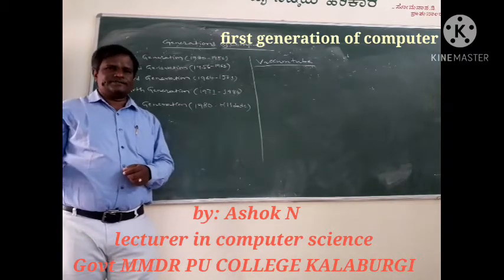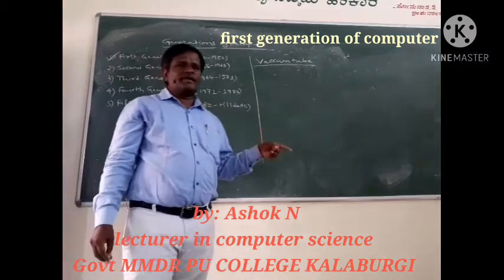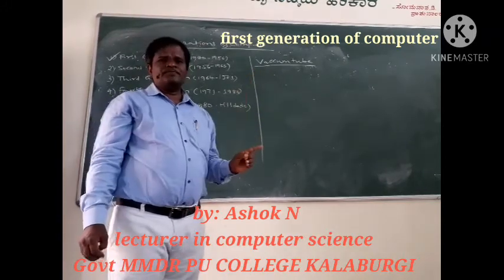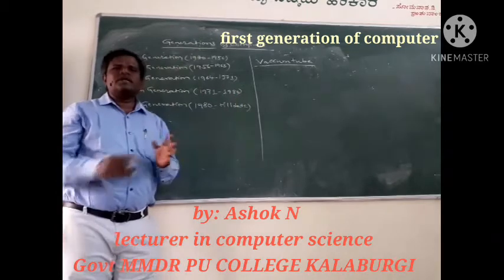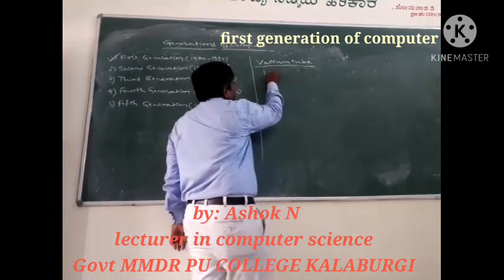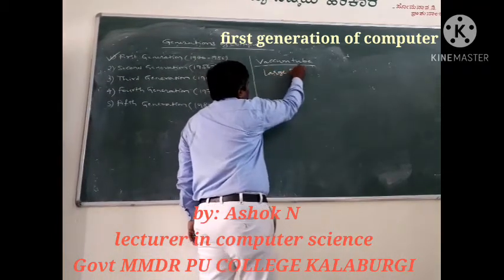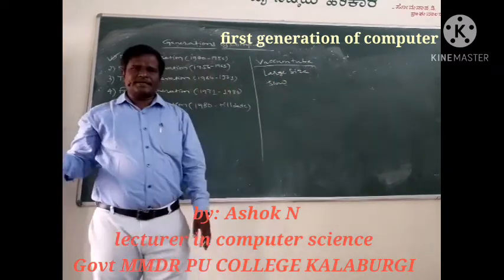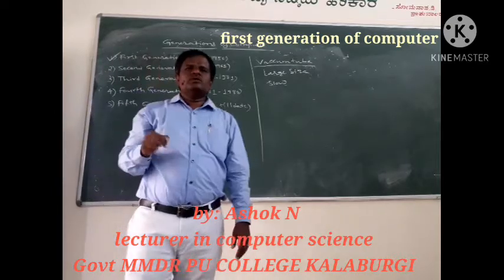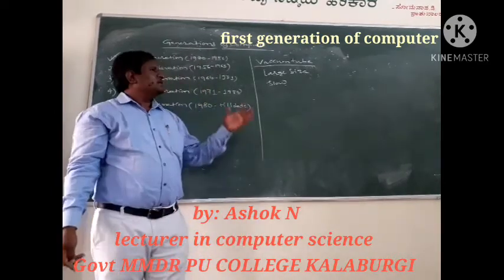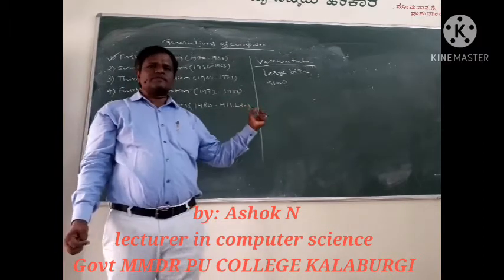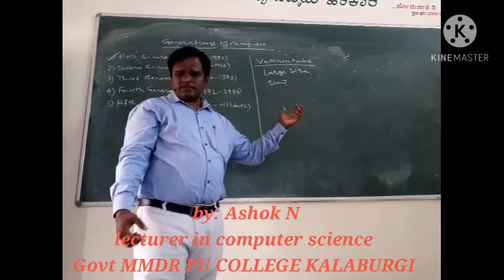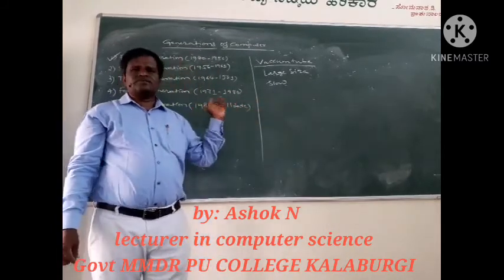So the device we use inside first generation computers is called the vacuum tube. The first generation computer is large in size and its speed is very slow. If you want to switch on the computer, it will take 5 to 10 minutes. If you want to process some data to produce information, it also takes time, therefore it is very slow.